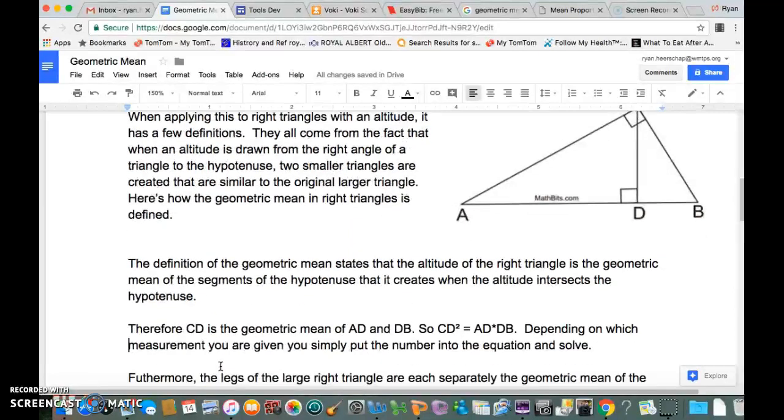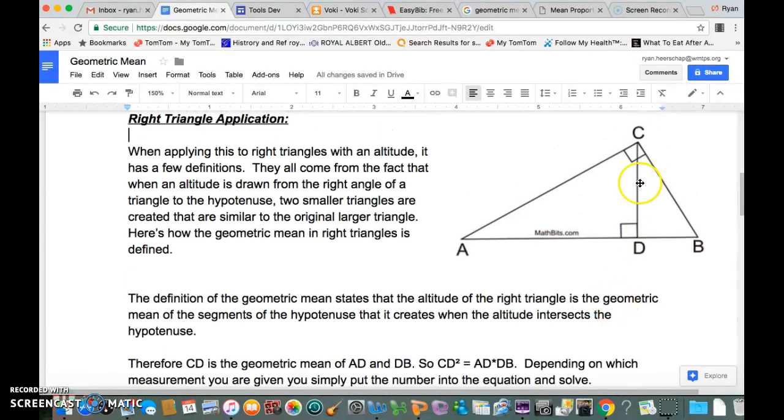Therefore, CD is the geometric mean of AD and DB. So going back up to our drawing here, CD, this altitude right here, is the geometric mean of the two pieces, AD and DB. So if we had numbers for these two separate segments, we could multiply them together and take the square root. That would result in the length of the geometric mean, which is CD.